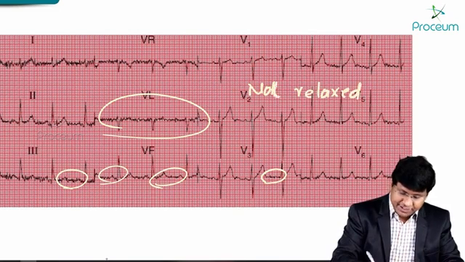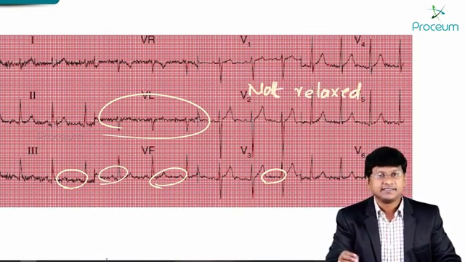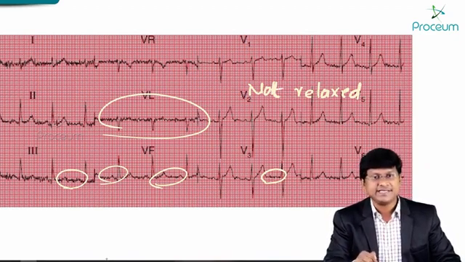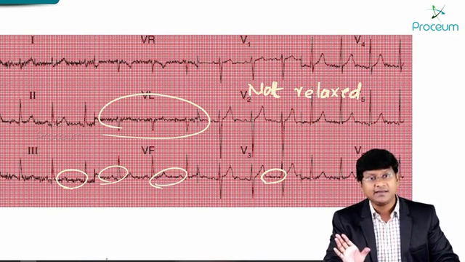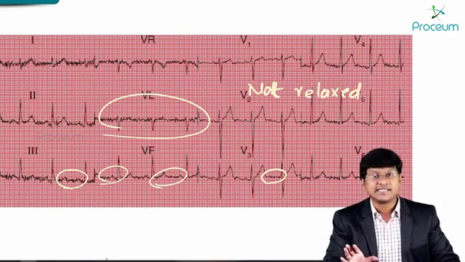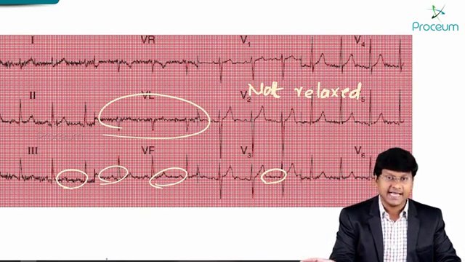He is shivering when you are taking the ECG. In such a case, you will have the ECG with no proper baseline. So this is again an artifact. This is the effect of shivering. The individual is not relaxed.